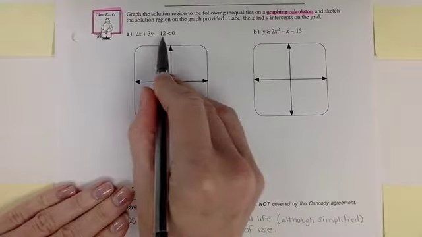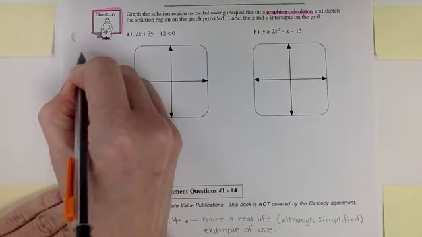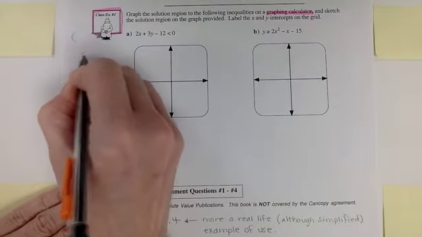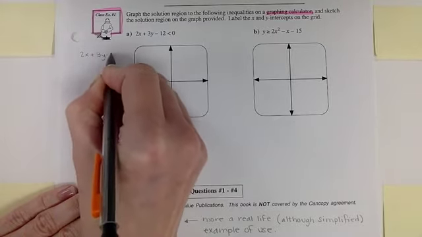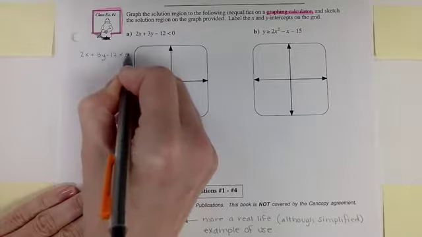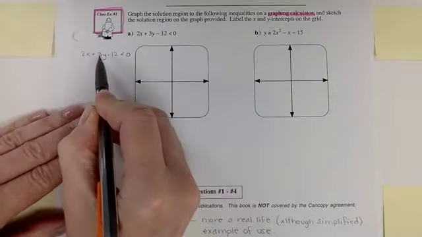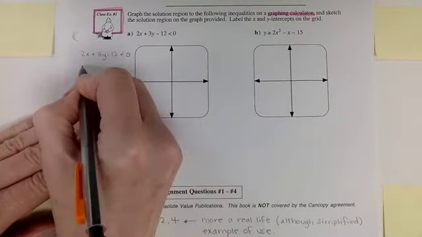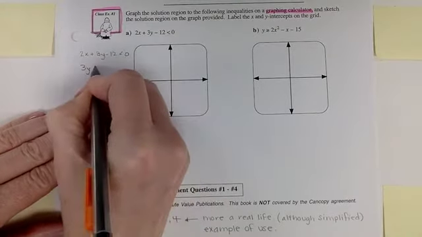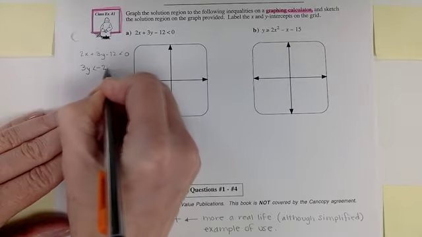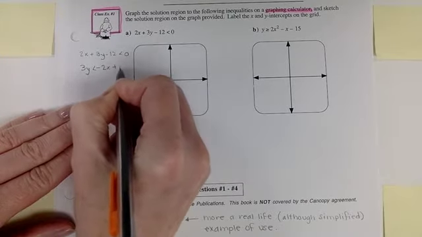So this, we can't put that on our calculator, so let's rearrange so that we can use our calculator to do this question. So I need y by itself. So I'm going to move everything to the other side, leave the y here. So 3y is less than negative 2x plus 12.